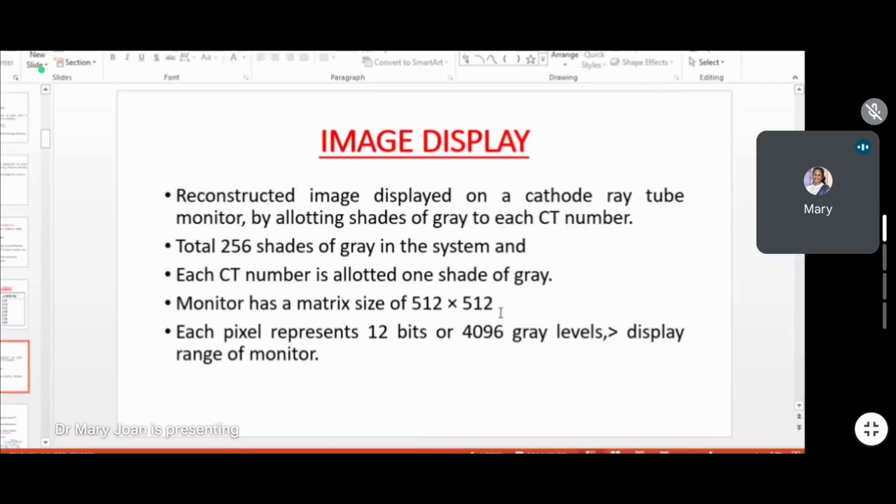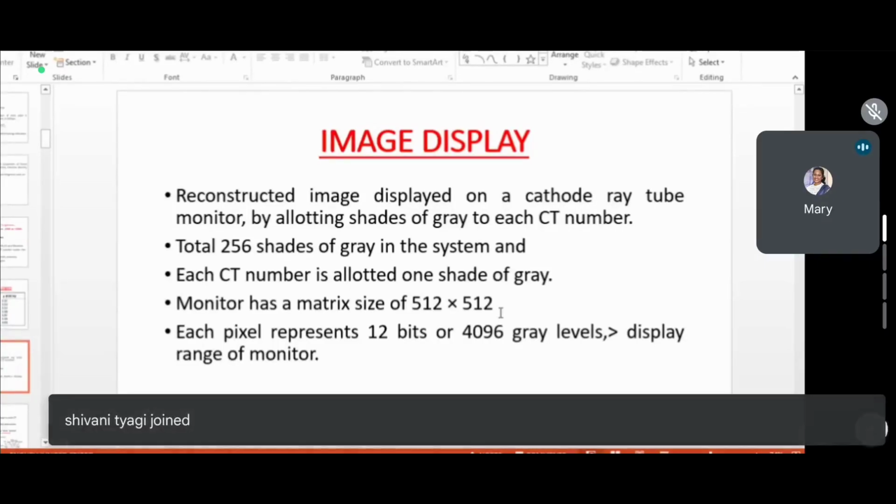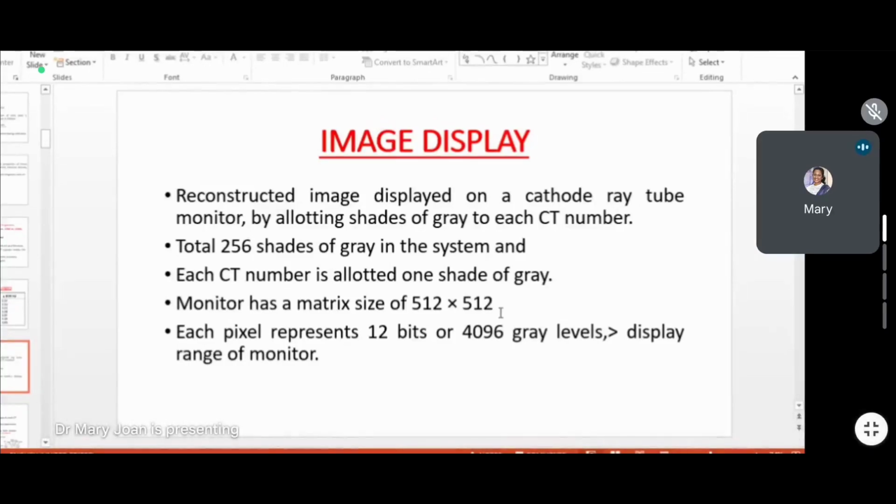The color scale or gray scale, we call it, is allotted corresponding to the CT number. So for a particular CT number, we will have lighter shades and darker shades. And the variation between the lighter and the darker will enable us to visualize it better or resolve it better.